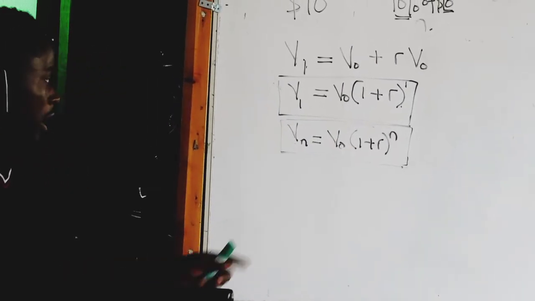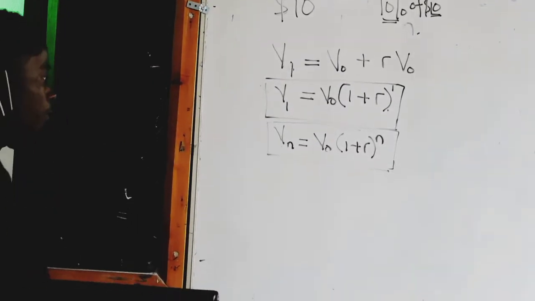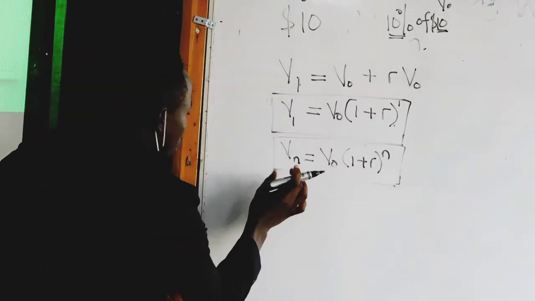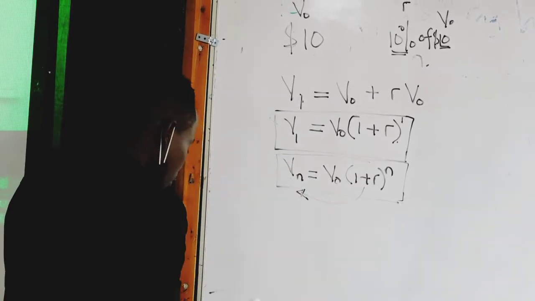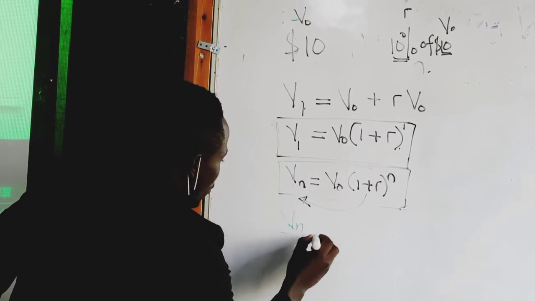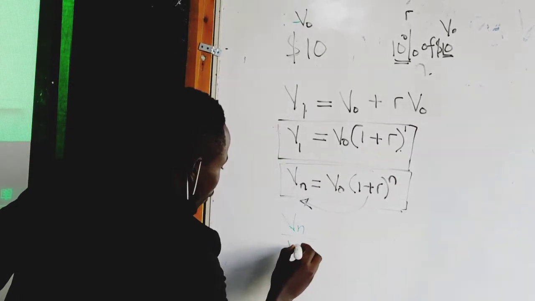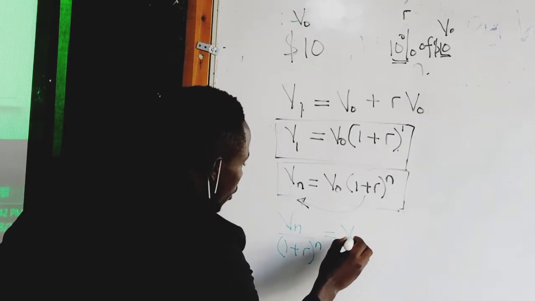using mathematics, and I get V naught if I've been given the future value. How? Just take this bracket down. If I take it down, it will be Vn over this bracket 1 plus R, what we call the interest, to be equal to V naught.